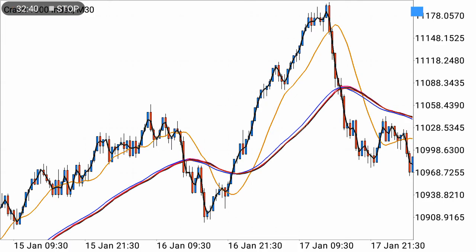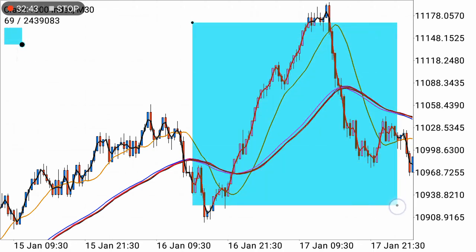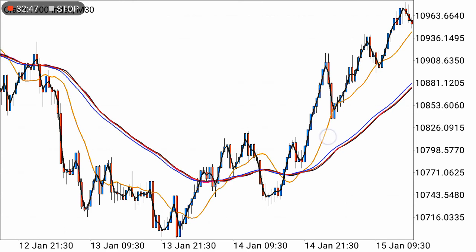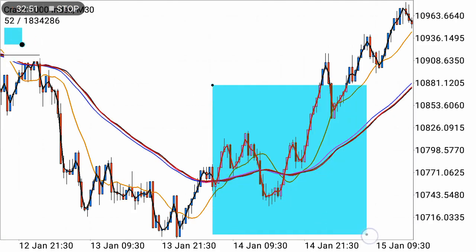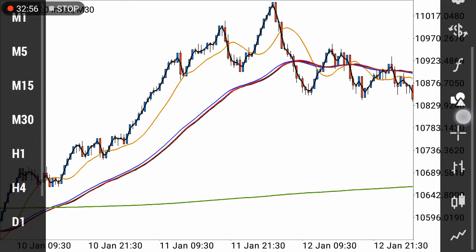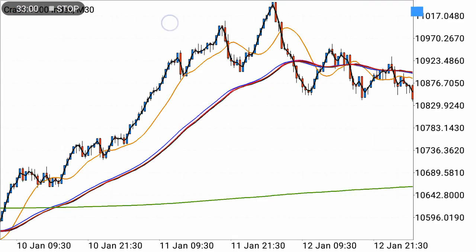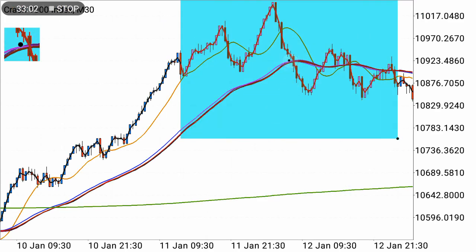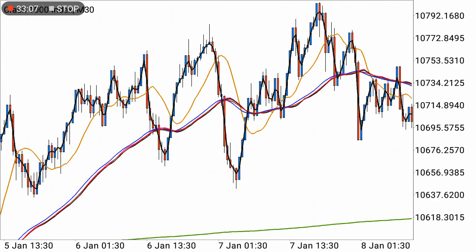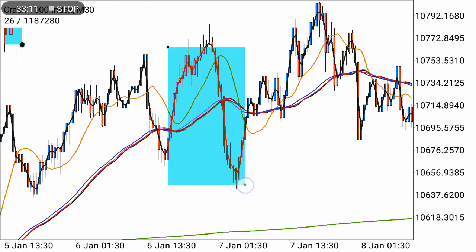Look here, and a clear M. Look at this area, using this moving average, a clear W. Clear W. Look here, and a clear M using this moving average.